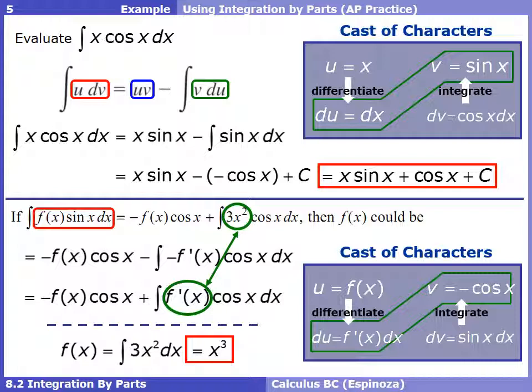And if f prime of x is 3x squared and we're looking for f of x, then we just need to take the integral of 3x squared, and that'll of course give us that function f. And this is a nice and easy integral. The integral of that is just x cubed. So the function that gave us this whole big result that we saw in this problem to begin with was just the function x cubed.